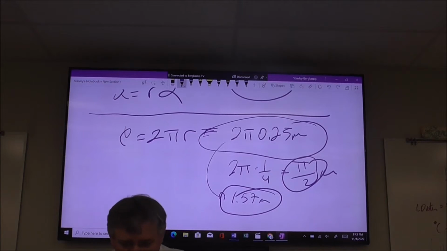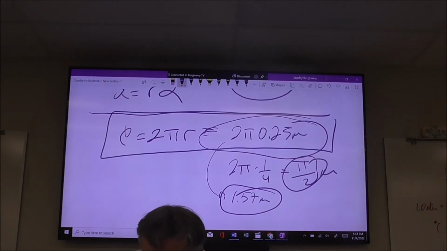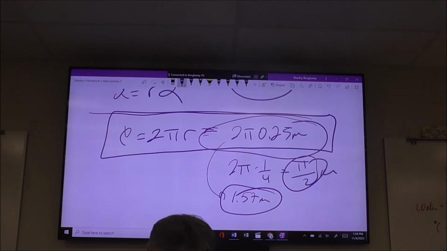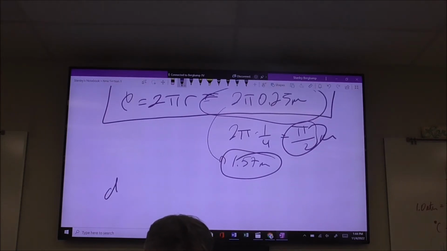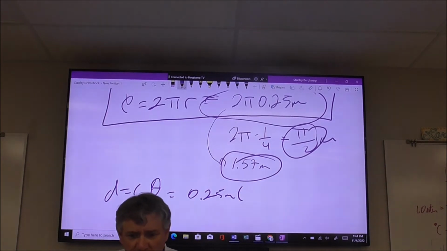Now, so here's the deal. This is old school, okay? It's going to travel the circumference. You go, oh, but Burkamp, we're new school, right? Let's use the new equations. Well, that's D equals R theta, which would be 0.25 meters times how many radians did it move through? 2 pi, right?